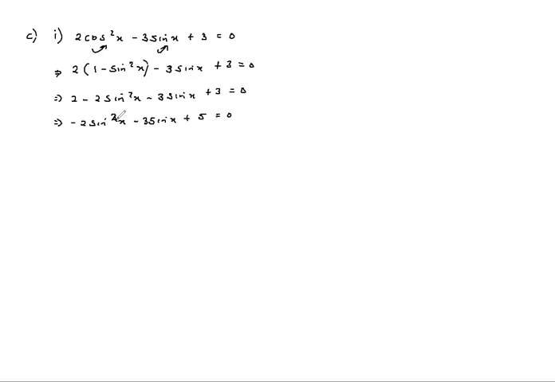So two numbers that when you add, you get negative 3, and when you multiply, you get negative 10. Those are obvious numbers. So you're going to get plus 2 and minus 5, and then plus 5. It's a quadratic.